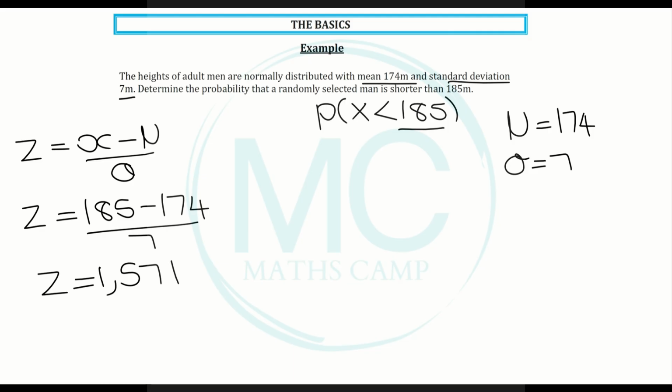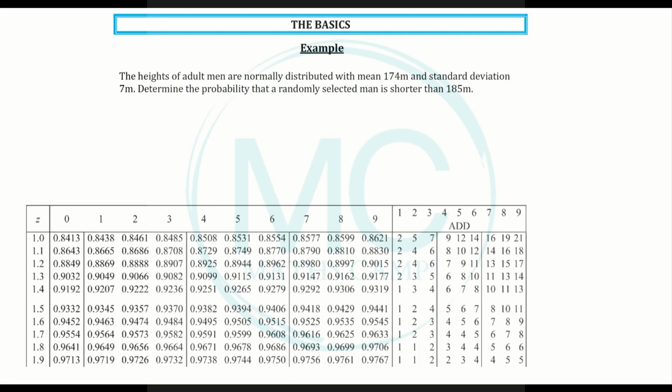Now I need to find the actual probability. So I can take my distribution table. Z is 1,5. So I'm going to use this column over here. 1,57. So move across to 7. And I get 0,9418. But we have an additional 1. So add 1.